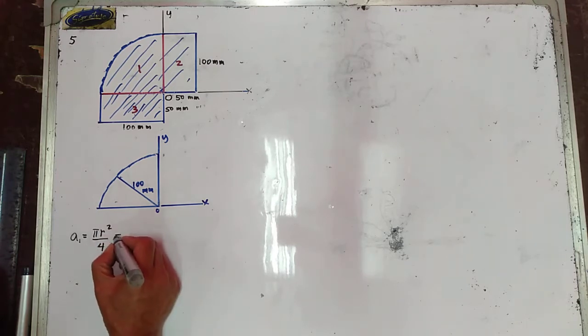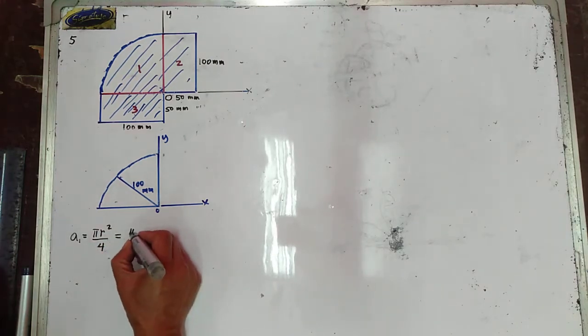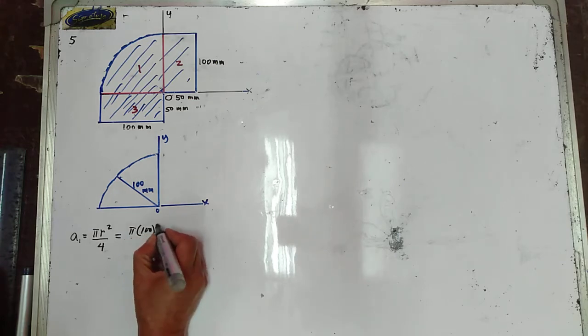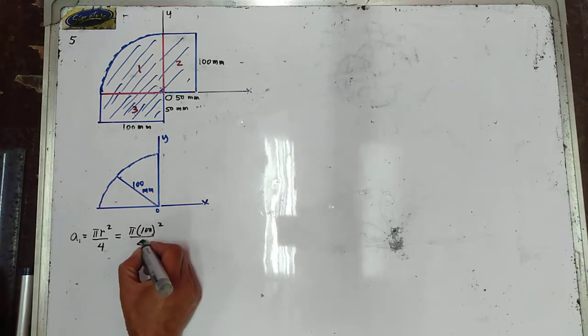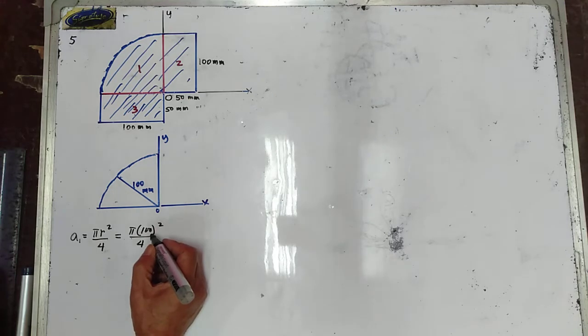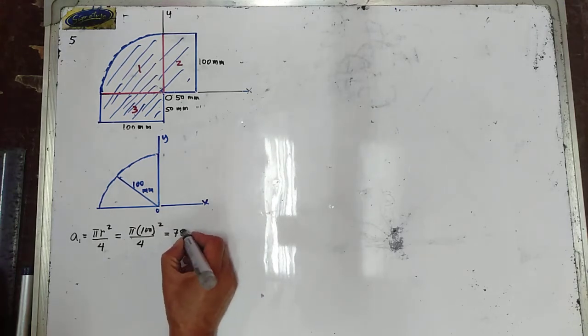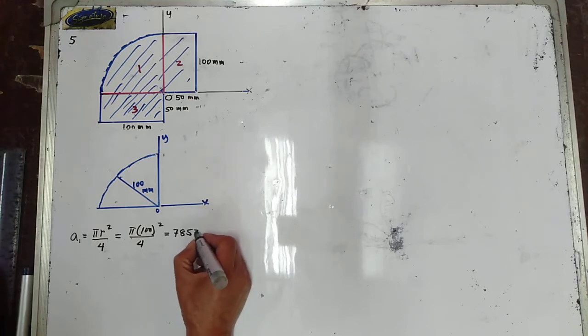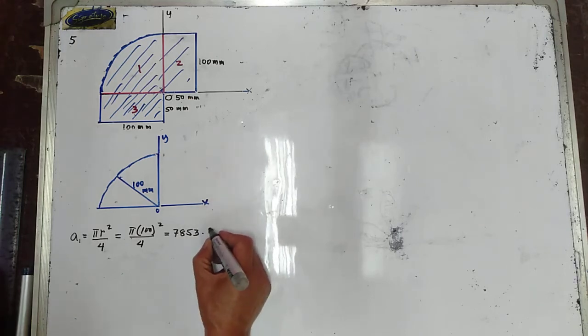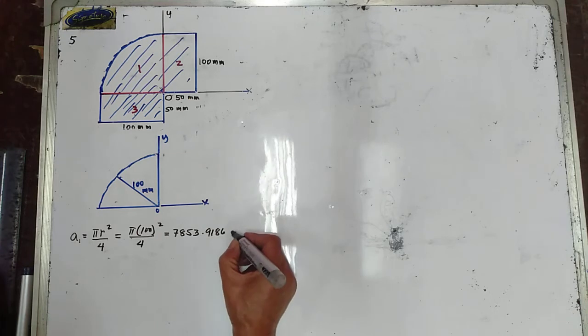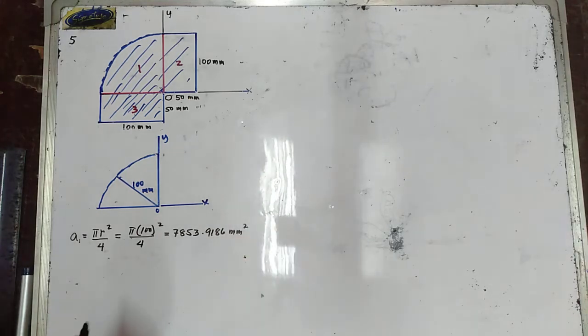So this quarter of a circle, that is pi, we have 100 squared all over 4. And this is equal to 7853.9186 square millimeter.